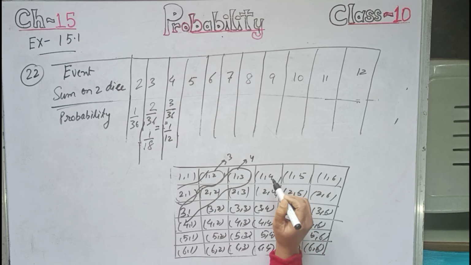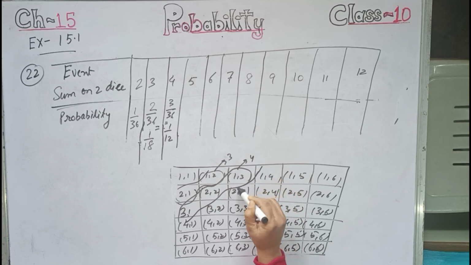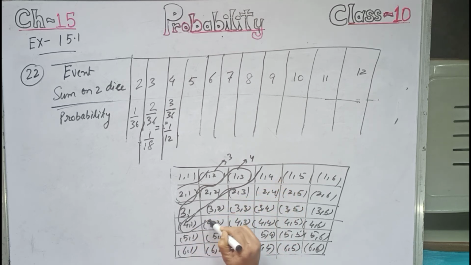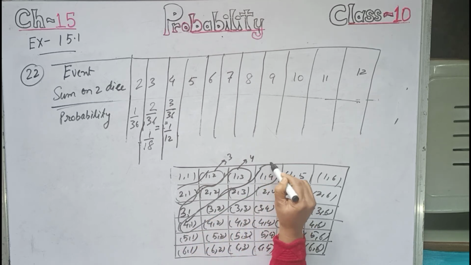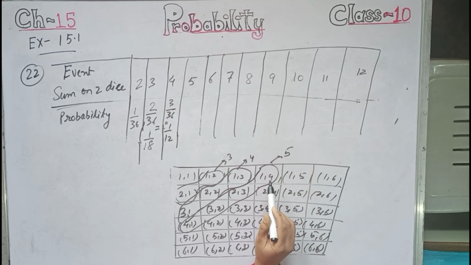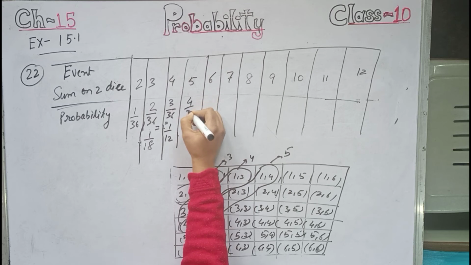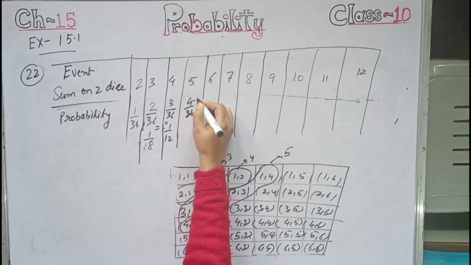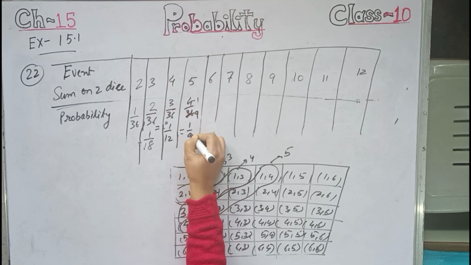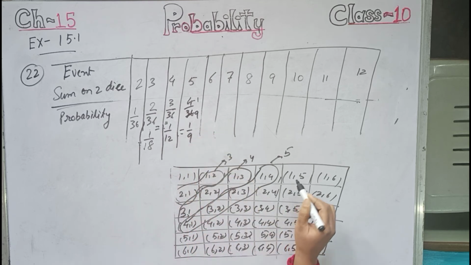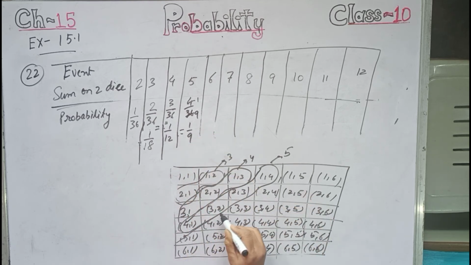Sum as 5 is this one. How many options are there? 1 2 3 4. So 4 by 36, which equals 1 by 9. Now sum as 6, obviously this one.